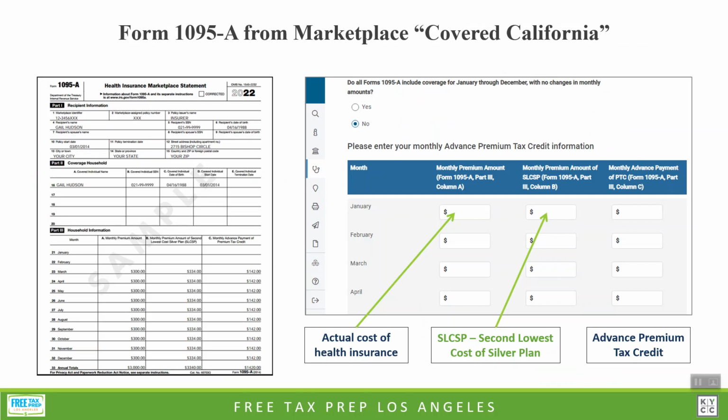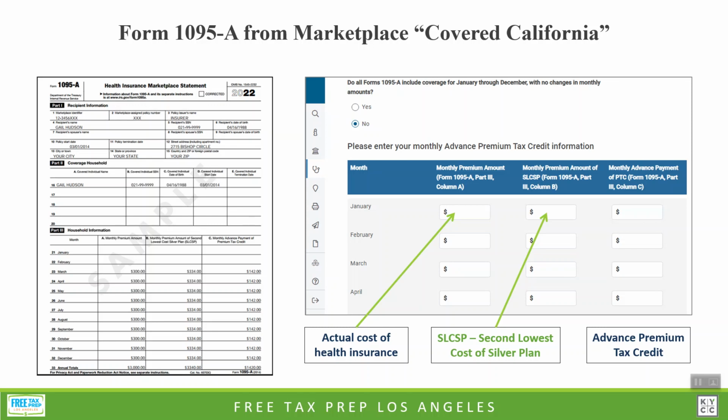So, how do we put this in? Once you finish putting in all the federal information on our TaxLayer software, the next big tab would be the health insurance form. On there, it asks if the client has received the Form 1095A, and then if they did, you mark yes, and then it goes to a following page where it asks for all the information from the Form 1095A.